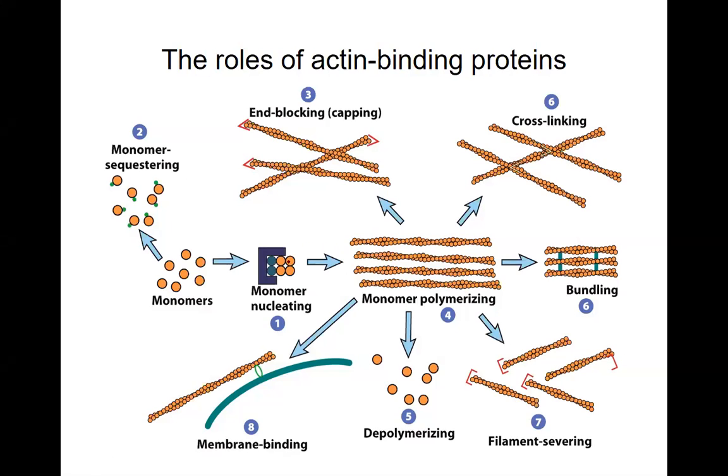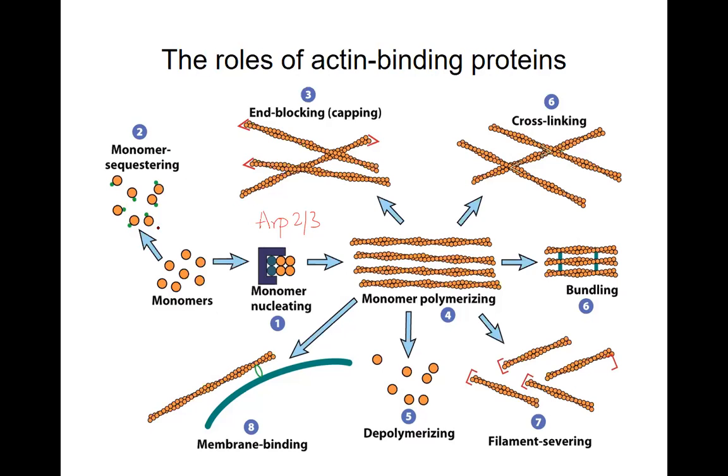But in the cell, there are proteins that are called monomer nucleating proteins where the actin filament will start getting synthesized. And as an example, I can give you the example of a protein called ARP2/3. Okay, so this is a monomer nucleating complex.